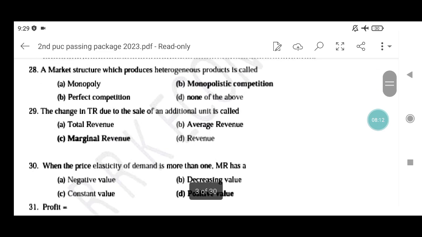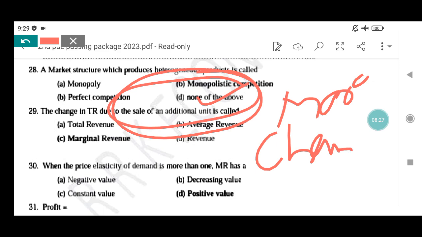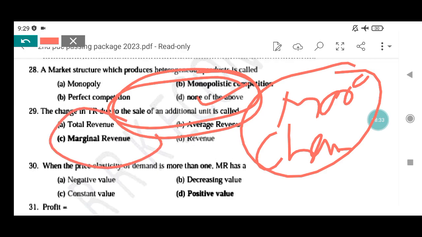Next question is, change in the total revenue due to additional. See the words change in the total revenue due to additional. Additional itself is considered marginal, or you can say change. If the word change, marginal or additional is used, it is known as marginal.